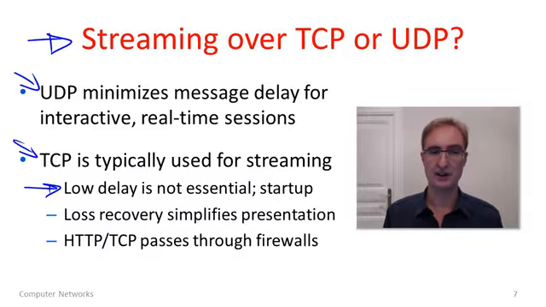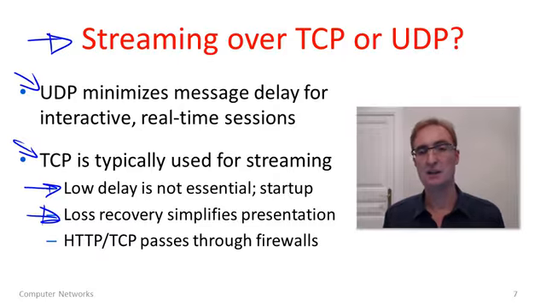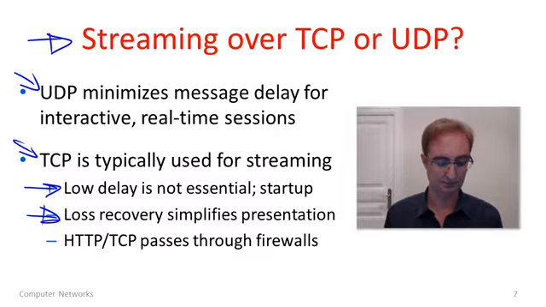But, as long as it's fairly low, it'll be okay. It has the benefit that loss recovery is simplified. TCP is handling the loss recovery, so we don't have to worry about it as part of presenting the media. So we'll never have to skip over some missing slides in the presentation or fill in a little bit of audio with just some white noise or something like that.